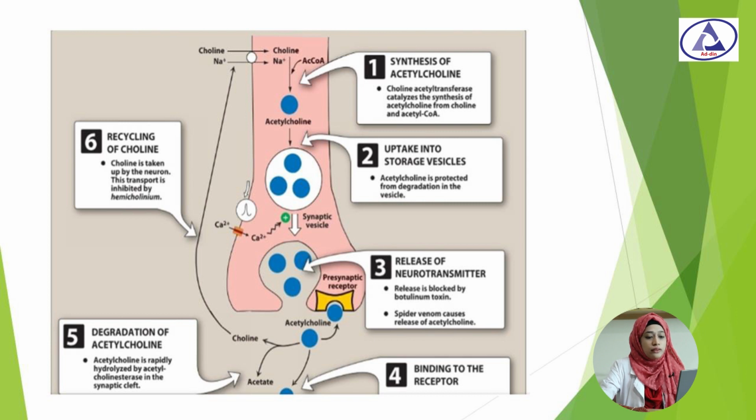This acetylcholine is stored in the vesicle. It is released into the synaptic cleft and binds to the receptors, and it is degraded by the enzyme in the synaptic cleft. Acetylcholine is divided into acetate and choline. This choline is taken up and transported into the neuron, and this transport is inhibited by hemicholinium.